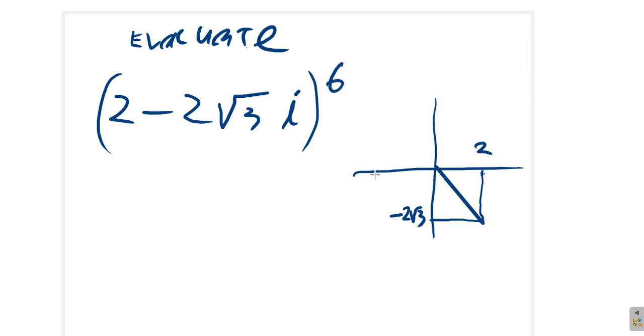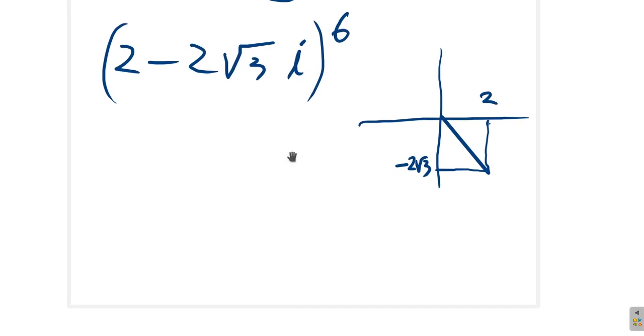Now, we want to find out what the angle is. Remember, positive angles are measured in an anti-clockwise direction, so we need this angle, theta, and we need r, the magnitude of the complex number. Alright?